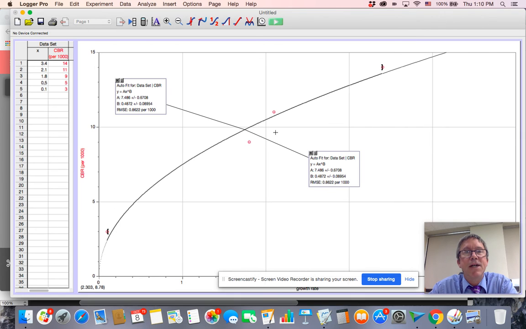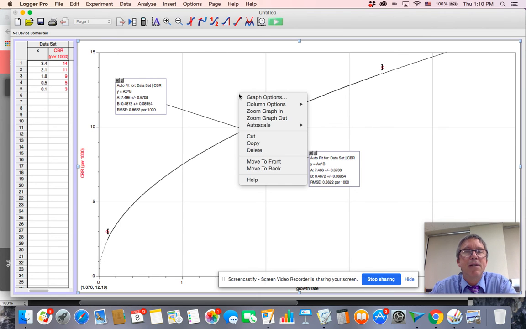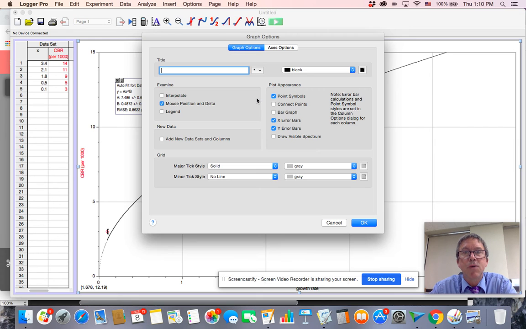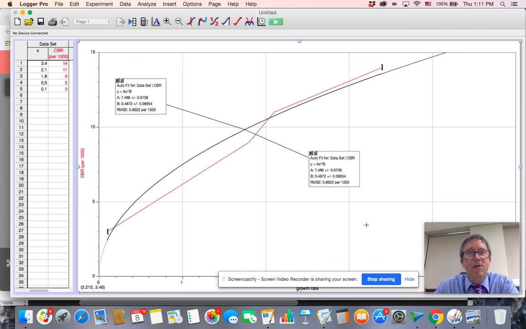Once I have this, I want to make sure that I have a few things in place. One is, a lot of times when you launch it, it will have connect the points checked and point symbols not checked. Look what happens when I do that. That's really not very helpful. It doesn't really help the viewer understand where the data is and what the data means.